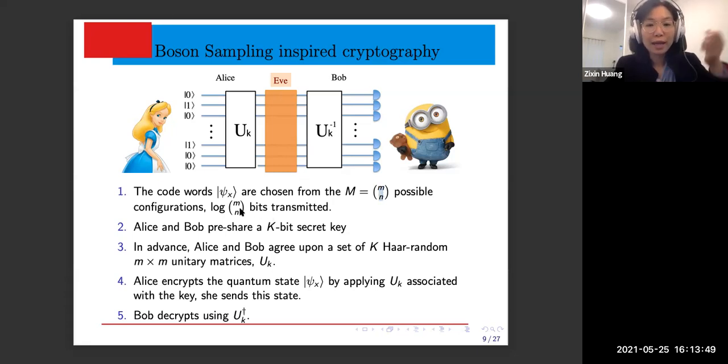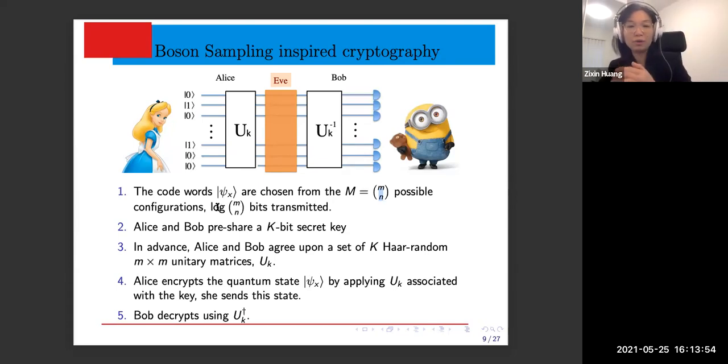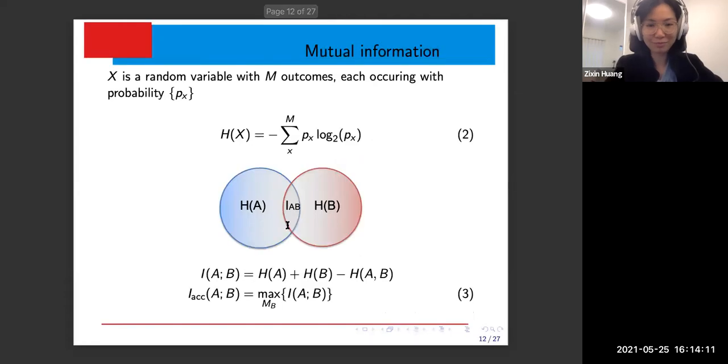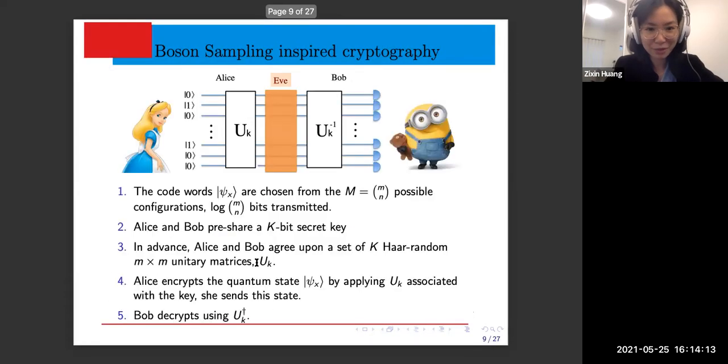Each round, Alice chooses a code word, and if Bob gets the perfect state, log (M choose N) bits are transmitted. And here, Alice and Bob pre-share an unconditionally secure K-bit secret key. Well, log K-bit secret key.